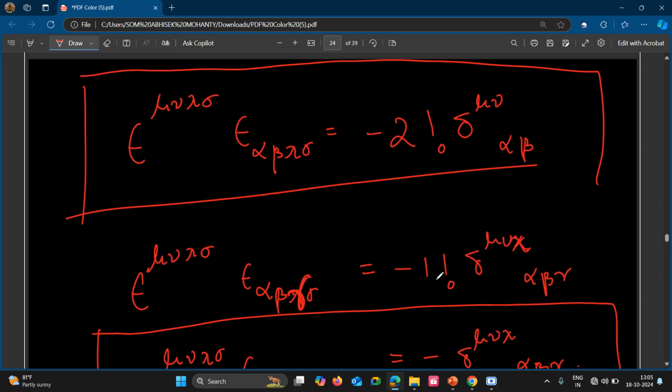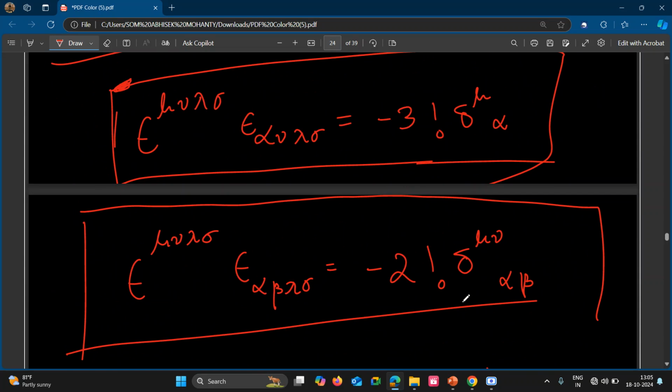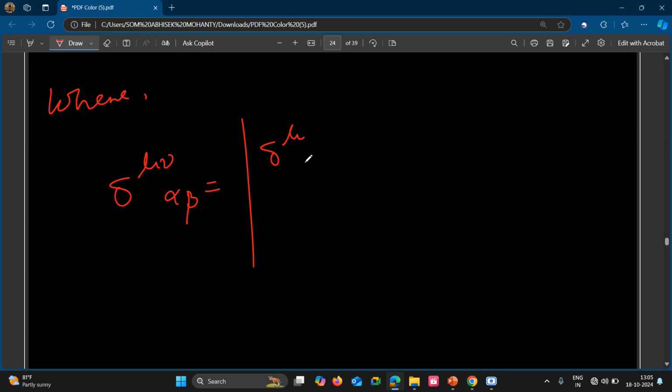So we can define these Kronecker deltas. Let's define this Kronecker delta. We can write delta mu nu alpha beta as the determinant of delta mu alpha, delta mu beta, delta nu alpha, delta nu beta. The first column is your mu, the second column is your nu.